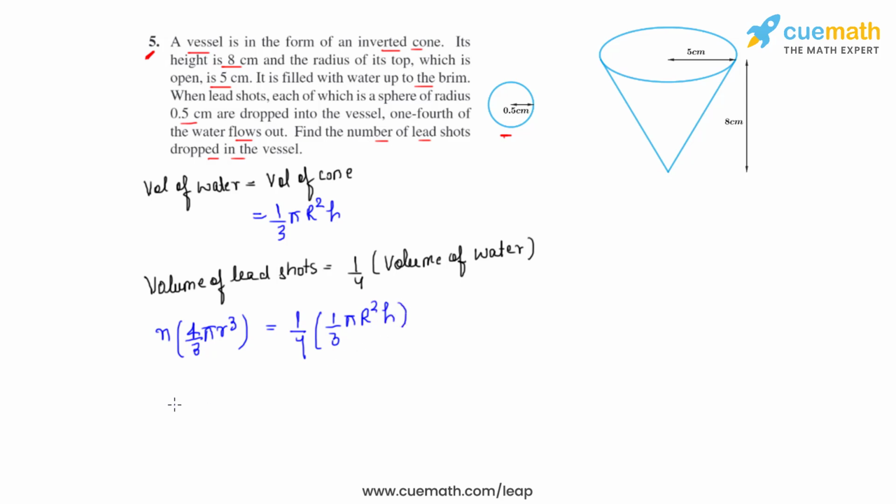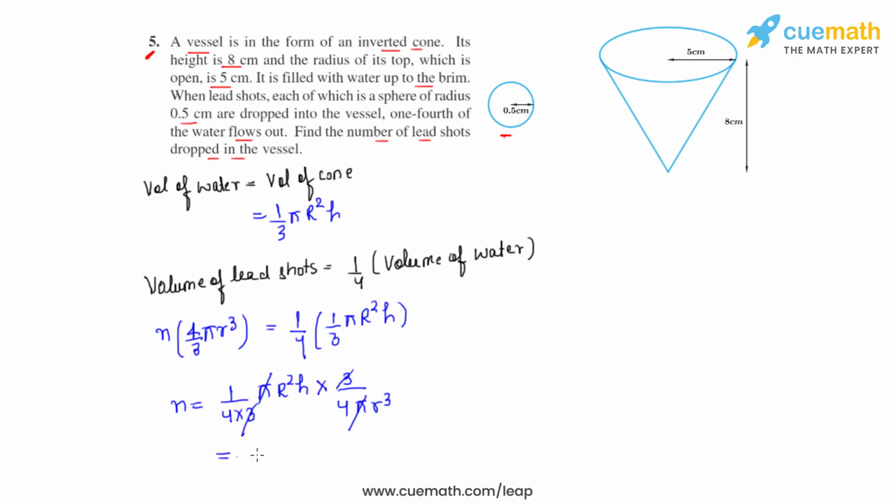So from this we can say that the number of spheres will be equal to 1/4 times 1/3 pi R square h divided by 4/3 pi r cube. So that will give us times 3/4 pi r cube. We can cancel out pi and pi, 3 and 3.